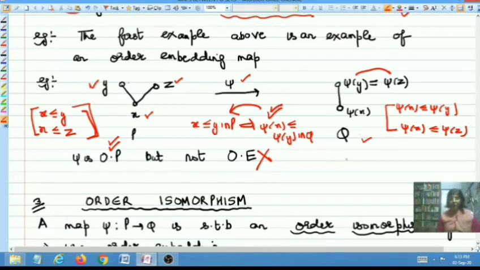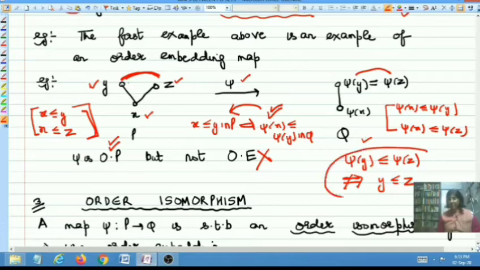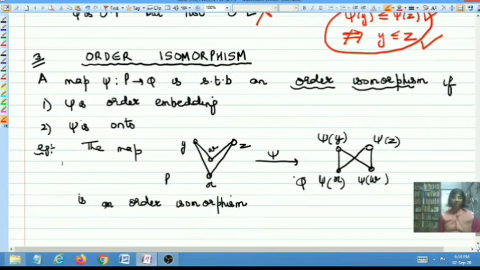You can just see over here that psi y is related to psi z, because psi y and psi z are both equal, but this is not implying that y is related to z. This is not being implied, because in fact y and z are not even comparable. They are not related to each other. So this condition is not being satisfied, which means that if the images are related, the elements are not related. Because the second condition is not being satisfied, this is not an order embedding map.